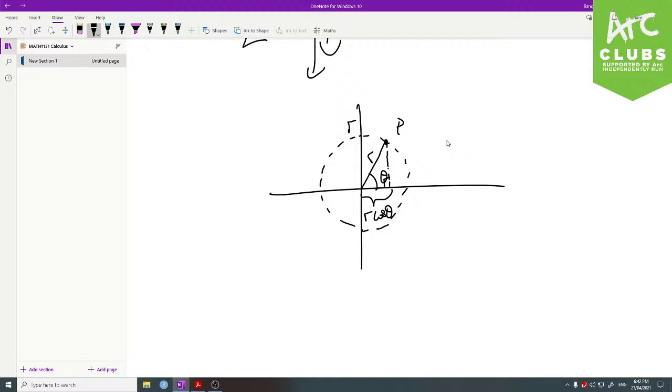The y component is r sine theta, because sine theta is opposite over hypotenuse. This will be useful because most questions will ask you to convert polar coordinates into Cartesian coordinates before doing anything else.